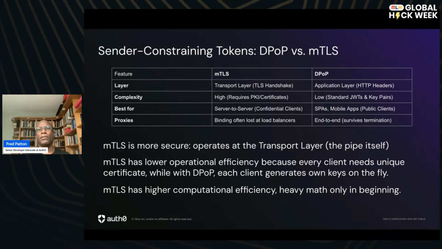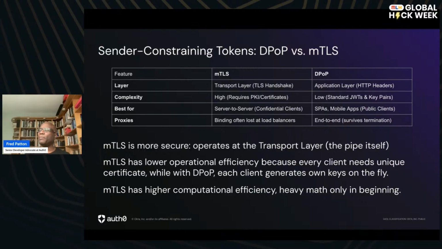So, we talked about the difference in layer, transport layer versus application layer, and complexity. MTLS is high, requires PKI certificates, whereas DPoP is just standard JWTs and key pairs. MTLS is best for server-to-server, confidential clients where you don't have to worry about eavesdroppers within your secured network, while DPoP is good for SPAs, mobile apps, public clients.